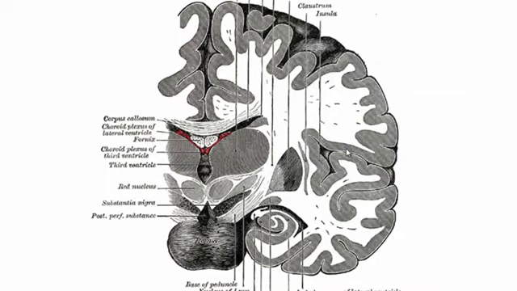This is a coronal section, and what I wanted to show you on this slice is the cerebral cortex. The cortex is the outer part of the cerebrum, and it is grey matter. You can see this thin bit on the edge of the cerebrum. This is the cerebral cortex, and it consists of up to 6 layers of neural tissue.